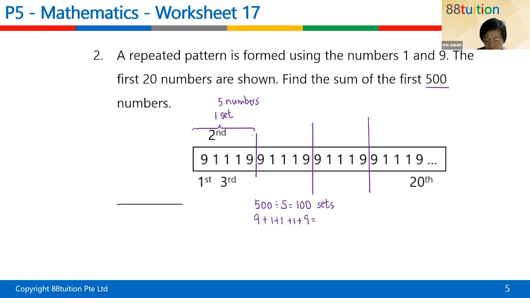So this one is 10, 20, 21 per set. So one set itself is 21. So you must multiply by 100 because there are 100 sets, and you have 2,100 for this question.